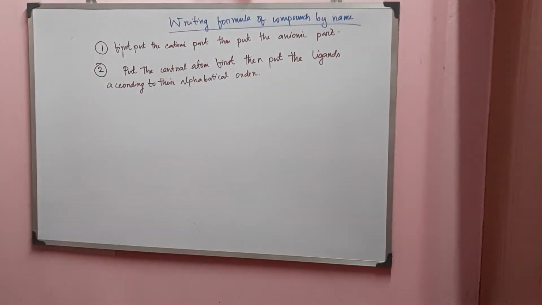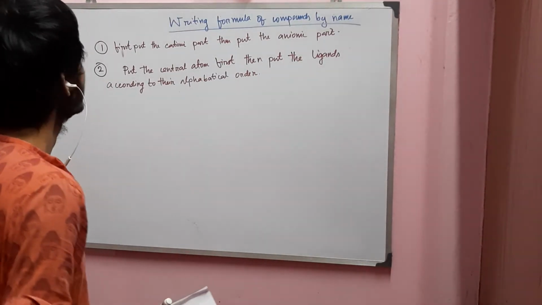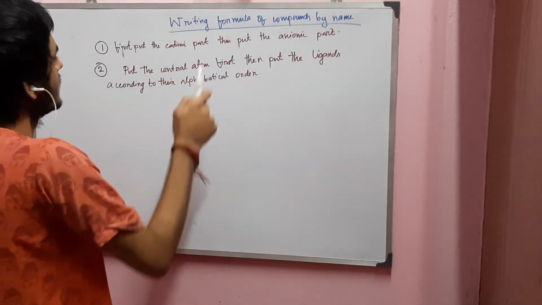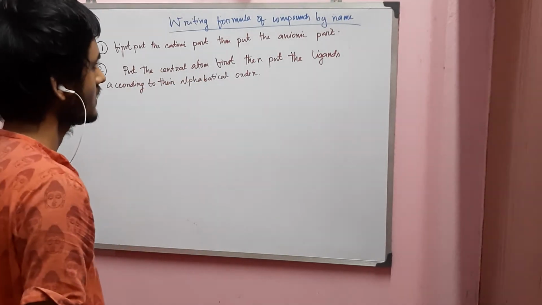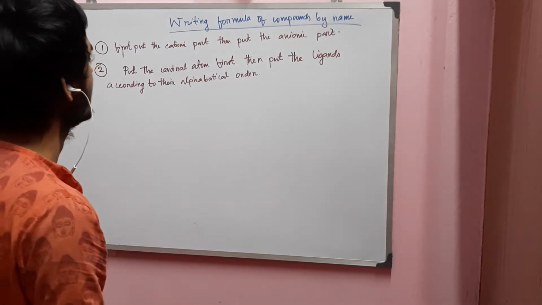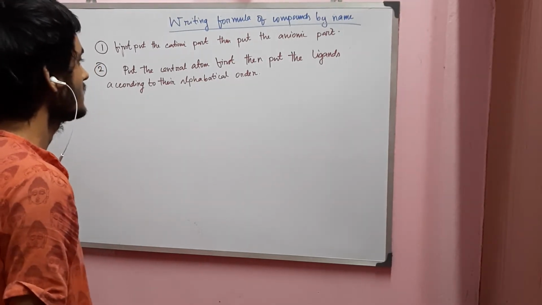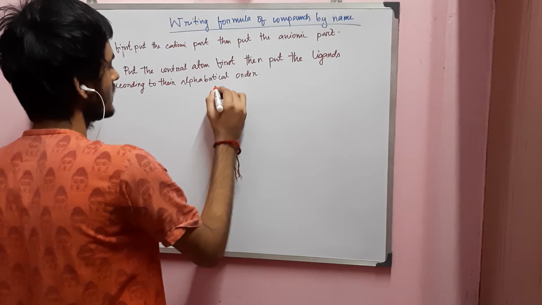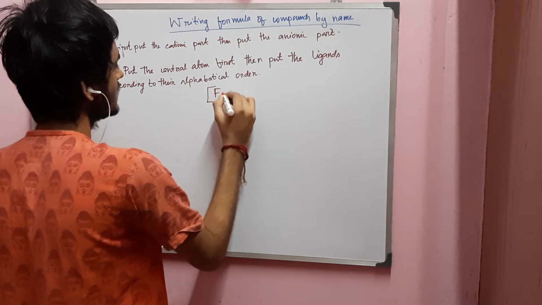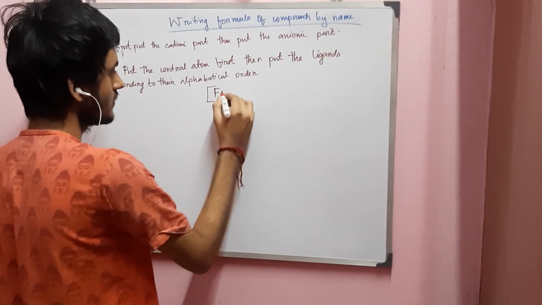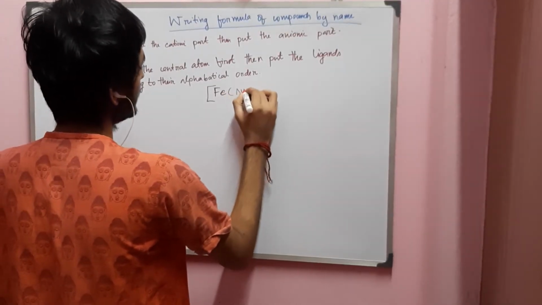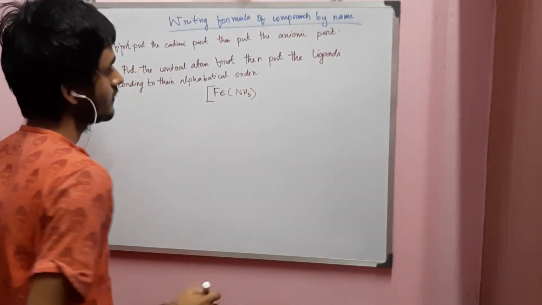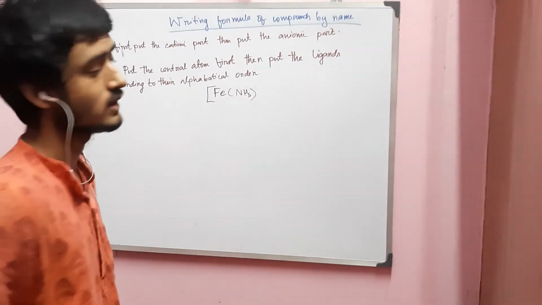Okay, so the first rule is very clear that we have to put the cationic part first, then the anionic part, like the naming of the compounds. And the second part is, in a coordination sphere we have to put the central atom first, like the Fe, then we will be putting the ligands according to their alphabetical order.